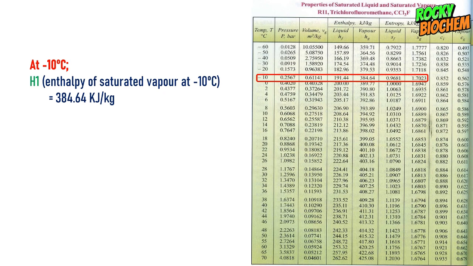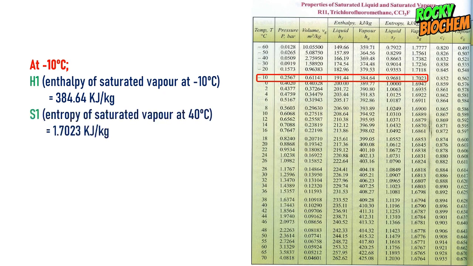And let's find the corresponding entropy as well. Since it was existing as a saturated vapor, we also get the entropy from the saturated vapor column. So from this same column, we get the entropy of the saturated vapor at minus 10 degrees Celsius to be equal to 1.7023 kilojoule per kilogram Kelvin.